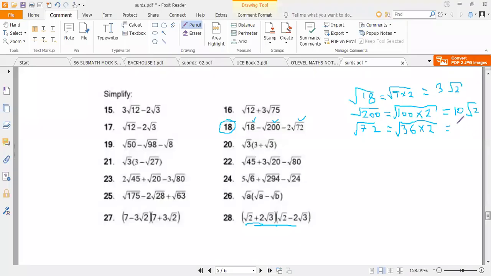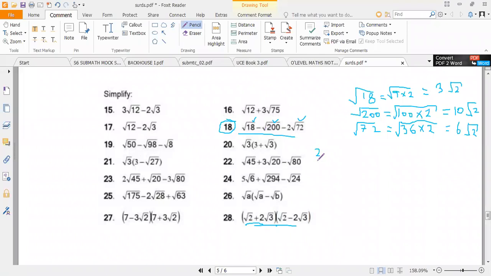So the final answer for this is 6 root 2. Okay. So after simplifying this, we go ahead and substitute them in the original equation, which was this. So where there is root of 18, we shall substitute 3 root 2.